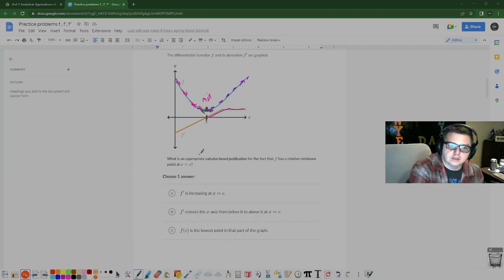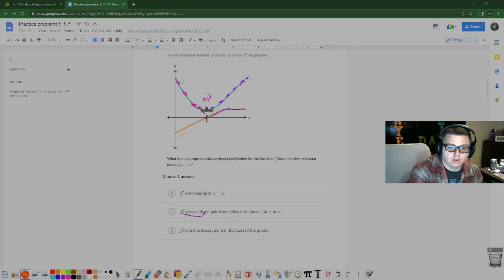So what is an appropriate calculus-based justification for the fact that f has a relative minimum at x equals c? That f prime is increasing at x equals c? No. F prime crosses the x-axis from below it to above it at x equals c.